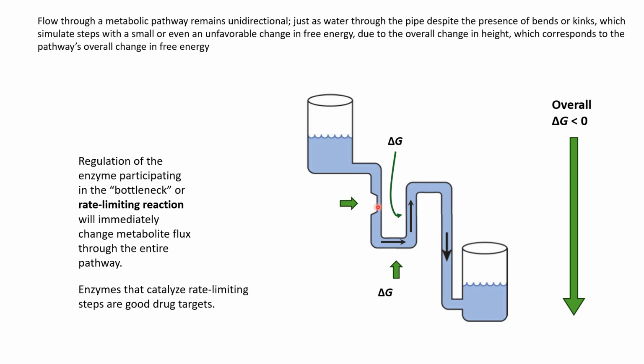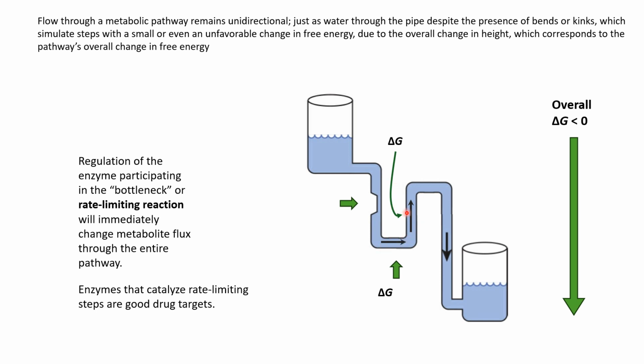Enzymes which catalyze a rate limiting step are also very good targets for seeking new drugs. So here we have a rate limiting step or a bottleneck. Here we have a case where the delta G value, do you think it'll be 0 or positive or negative at this point in the flow of water?